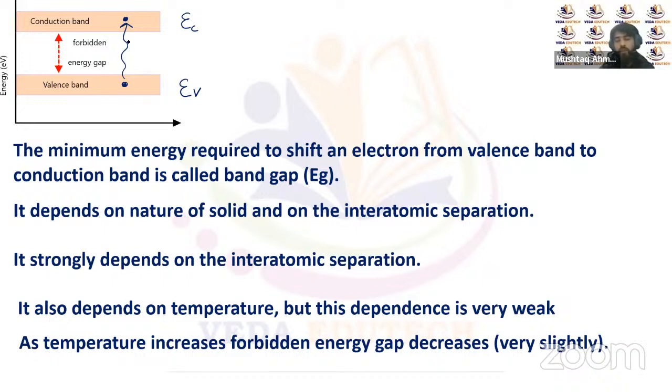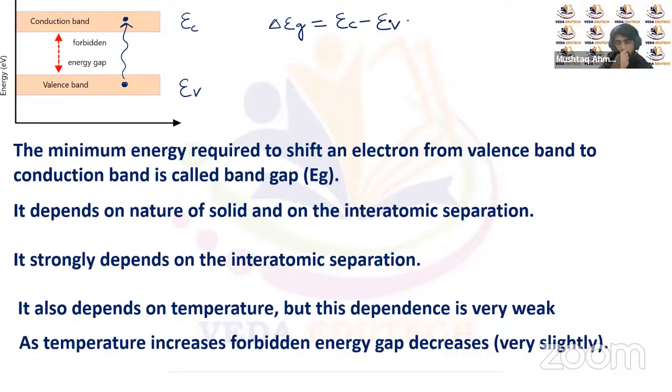This electron will then be available for conduction in case of solids. This energy we call the energy band gap, delta Eg, equal to the conduction band energy minus the valence band energy.